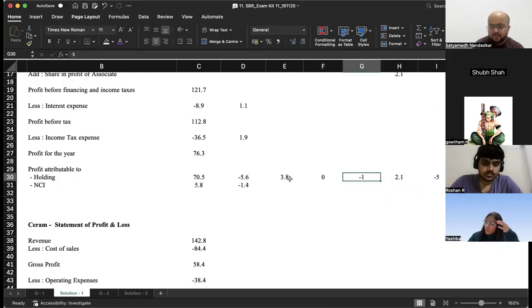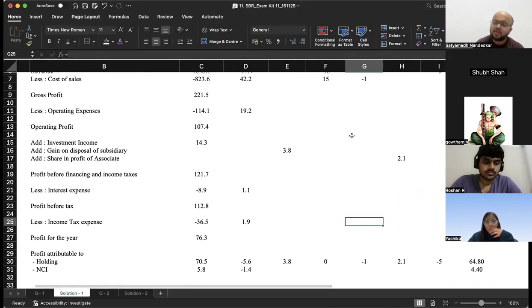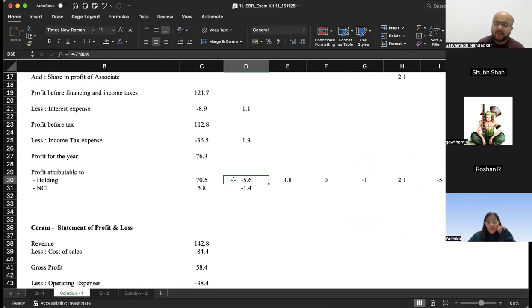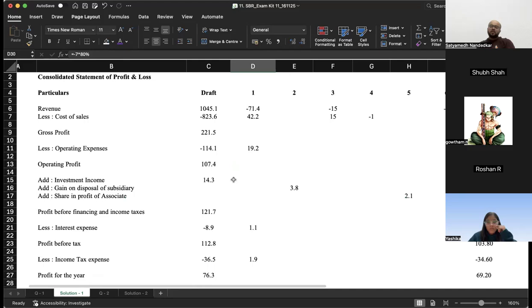So all of these adjustments 2 to 5 relate exclusively to holding company. इसमें एनसीआई का कोई शेयर नहीं है. एनसीआई का शेयर सिर्फ यहाँ पे आएगा where profits, revenues, income, expense of subsidiary were included in the holding company. सिर्फ वहां पे एडजस्ट करना पड़ेगा. ओके. ठीक है? इसको एक एक बार करके देखना पड़ेगा सबको. हाँ सर.